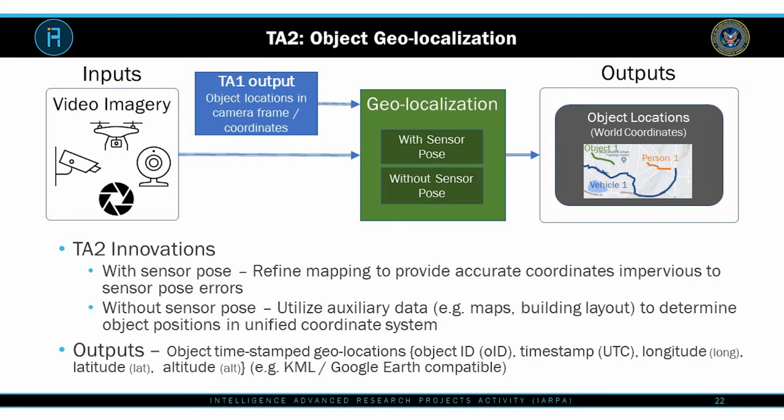And the outputs would be object time-stamped geolocations, which would include an anonymized ID for the object, a timestamp, and then an absolute coordinate for that object, such as KML, if you're looking at something that would be Google Earth compatible, or something along those lines.